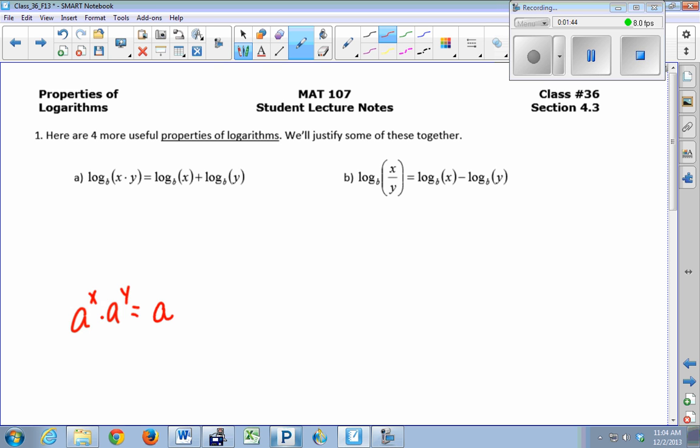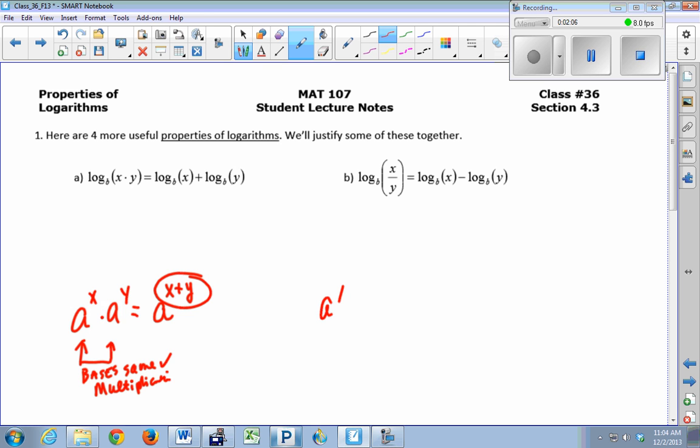Almost x plus y, right? So when we have the same bases and we're multiplying, we have the multiplication, same bases, we add our exponents. Okay, so that's a review of that exponent property.